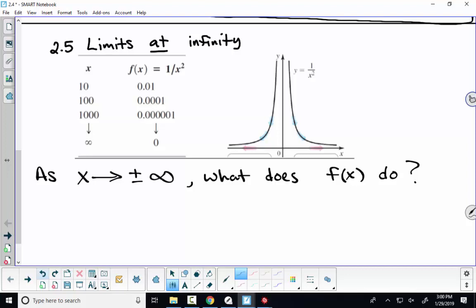As x approaches negative infinity, what do my y values do? 0. Yeah, they're approaching 0, right? Same idea with 1 over x squared. As x gets closer and closer to infinity, or larger and larger, what are my y values doing? They're getting closer and closer to 0. So what that means is, way out here on this end, my function is leveling off towards 0. It's flattening out. It's a horizontal asymptote.